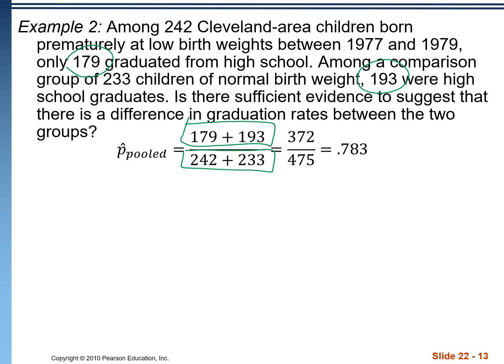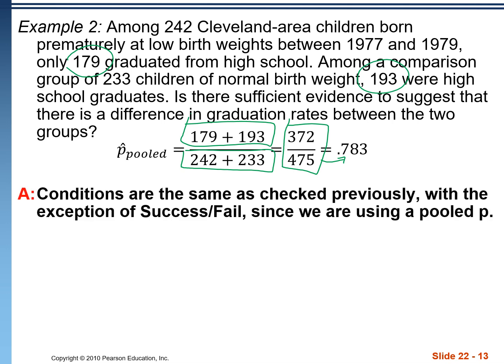Any difference in the groups individually is just natural sampling variation. If we took larger samples, we would see those p-hats move together and become the same number. So combining them makes a larger sample, and larger samples are better. That's a better representation of an actual p-hat. So we're going to use that as our pooled group.